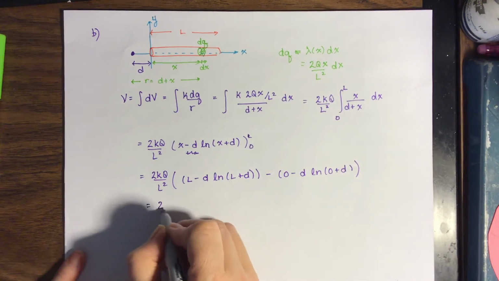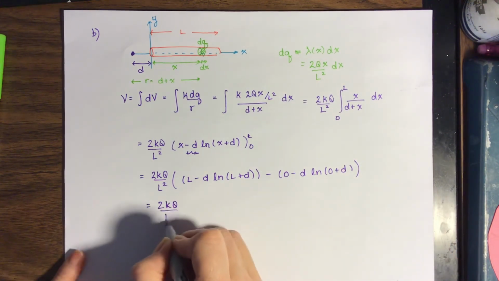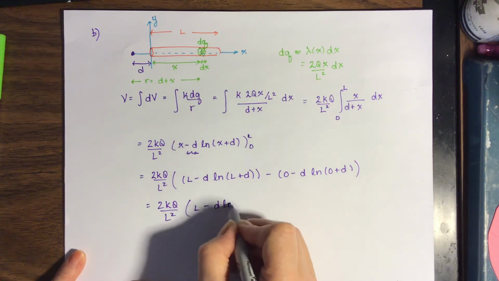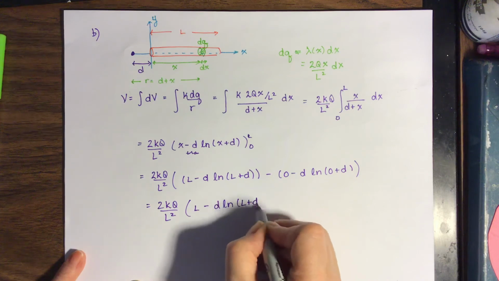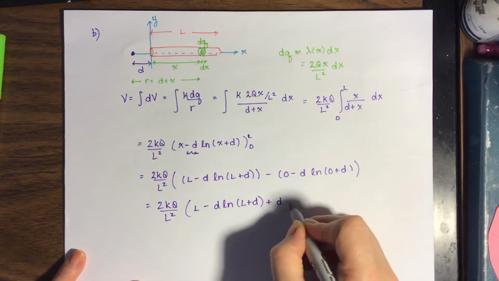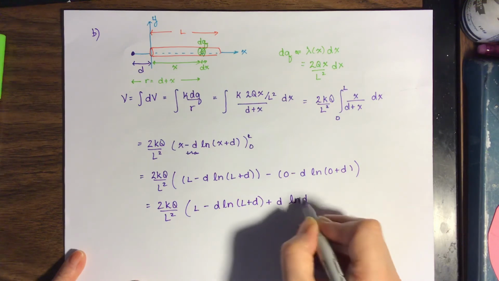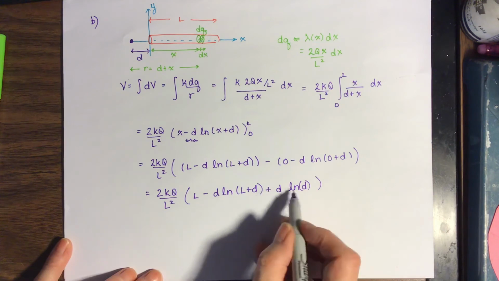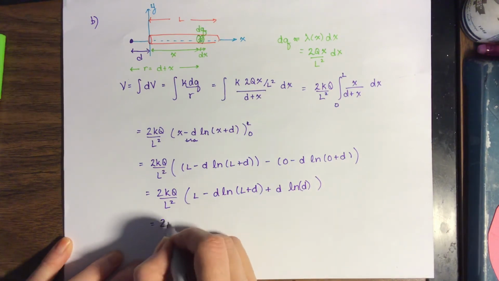Let's simplify. 2kq over L squared, L minus d times natural log of L plus d, minus 0 minus d times natural log of d. Minus a minus is a plus. Let's see what I can do here. I can take that d outside those two natural log terms.